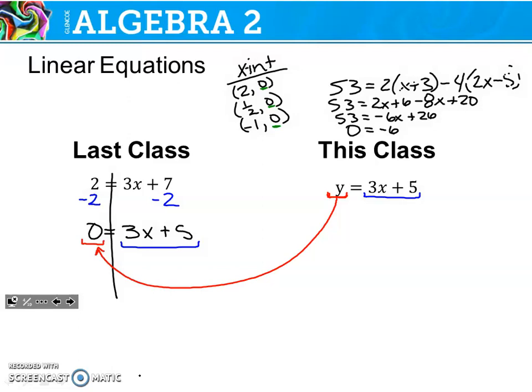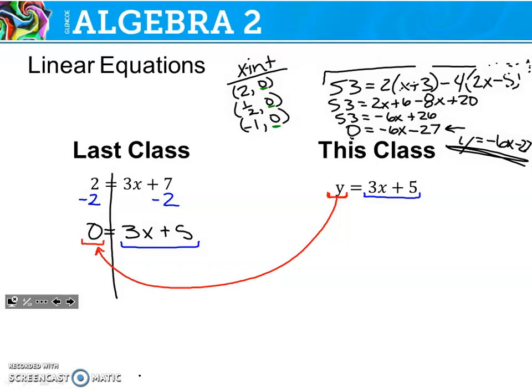I get 0 equals negative 6x minus 27. And now this becomes y equals negative 6x minus 27. Now we've got our line. This right here, we created that from solving for an x-intercept. So that's just kind of a little bit of tie-in.